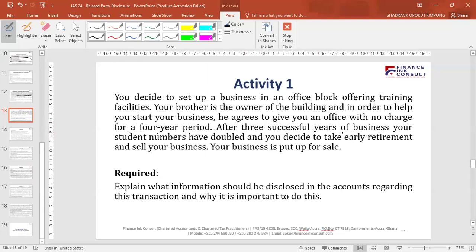After 3 successful years of business, your student numbers have doubled and you decide to take early retirement and sell your business. Your business is being put up for sale. Required: explain what information should be disclosed in the accounts regarding this transaction and why it is important to do so. Anyone willing to try?